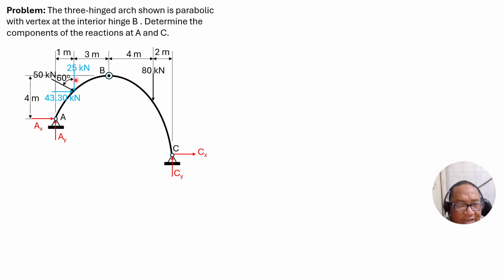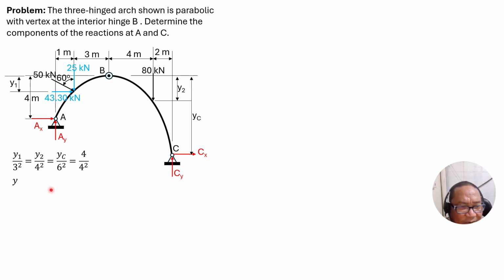I'll call this y1, the vertical distance of the 80 kilonewton load from B, y2, and the vertical distance of point C from B, y sub C. So by the square property of parabola, y1 over 3 squared equals y2 over 4 squared equals y sub C over 6 squared, and it is equal to 4 over 4 squared.